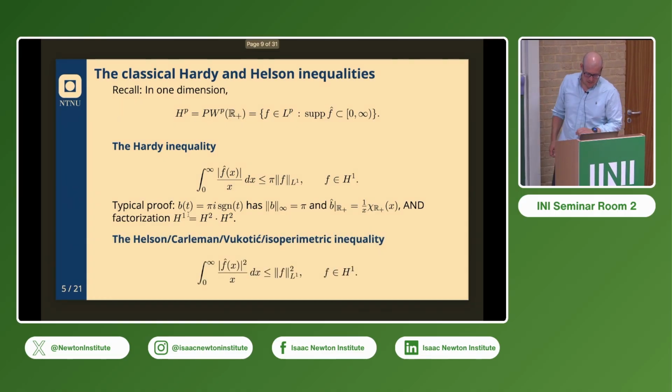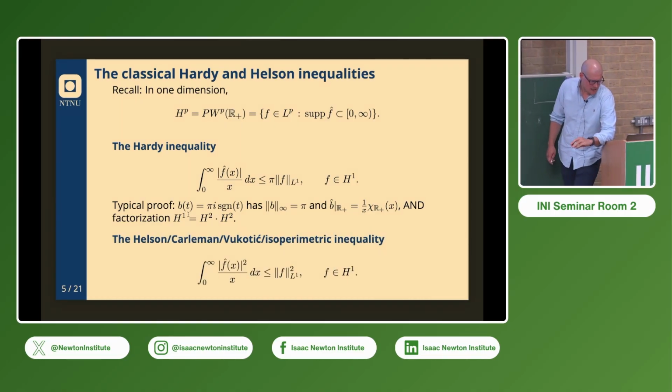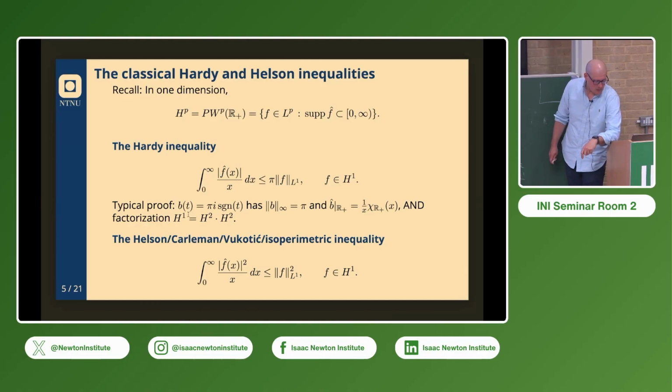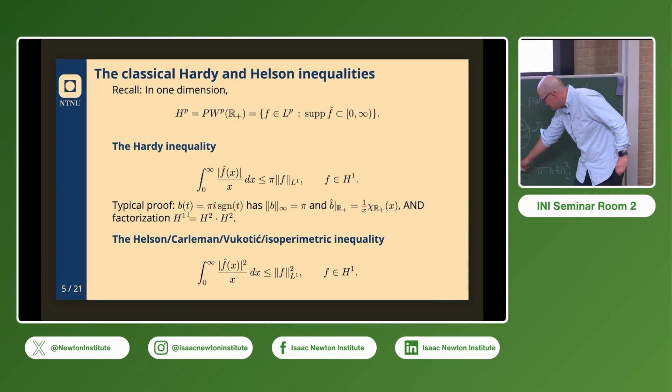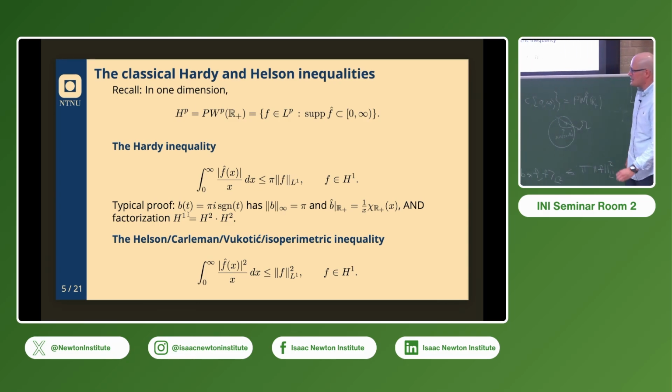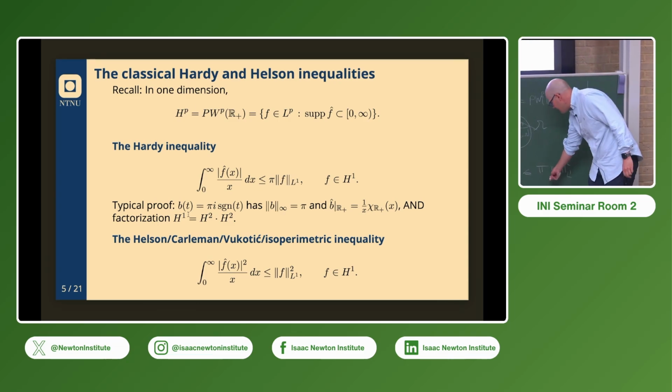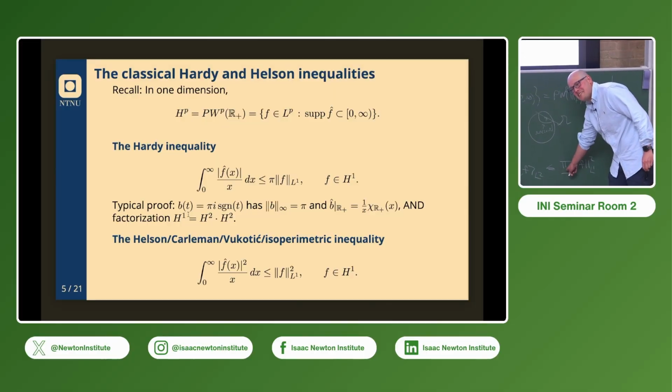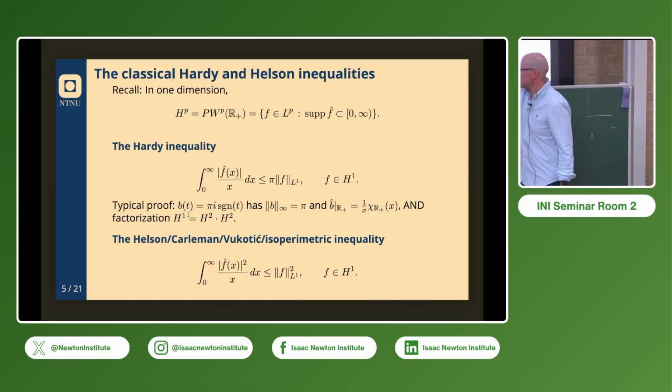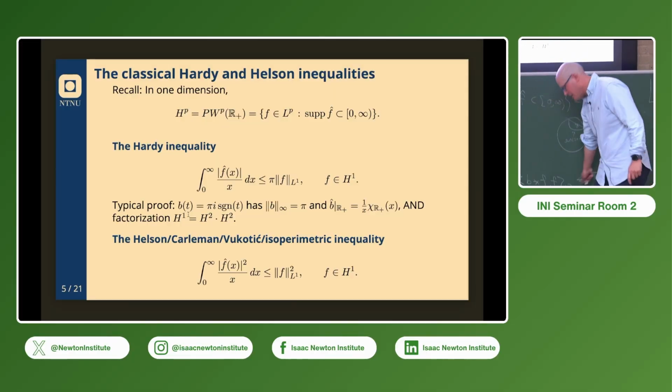Another important inequality is what we call the Helson inequality, which was given a very nice proof in my Hardy space language by Dragan Vukotic. But this is really the Carleman inequality, which is precisely what I wrote here. Here I got it with a worse constant, with pi, but actually this inequality is true with 1.